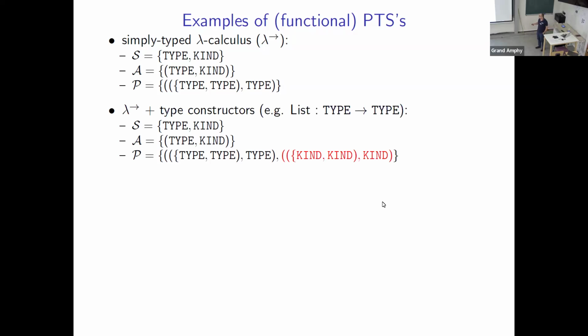But then we can also have type constructors, like in programming languages. If you take a list of elements of some type, so polymorphic lists, it means you need a constant taking a type and returning a type. And for typing this type here, you need a new rule. So a product on kinds.